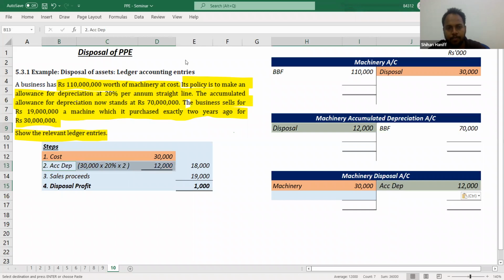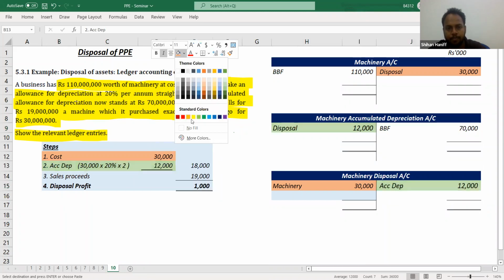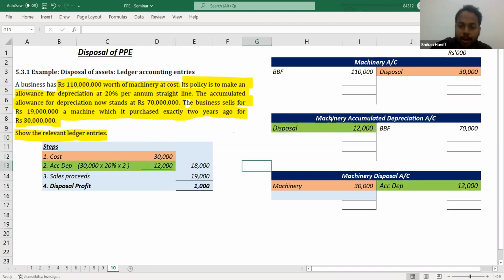This is the double entry for accumulated depreciation of the disposed machinery. Debit, credit.